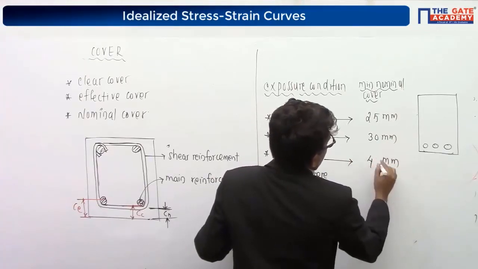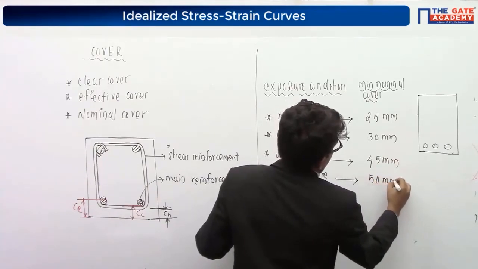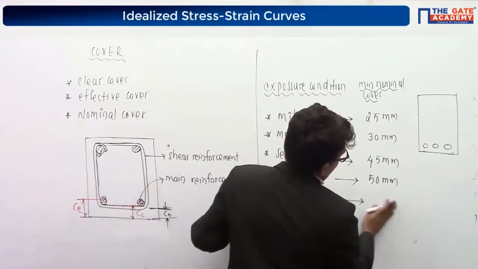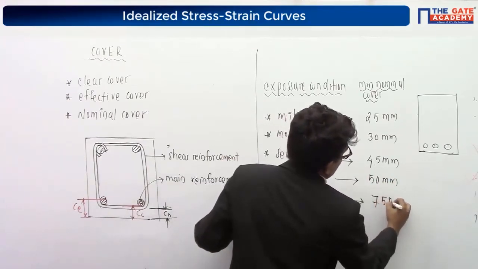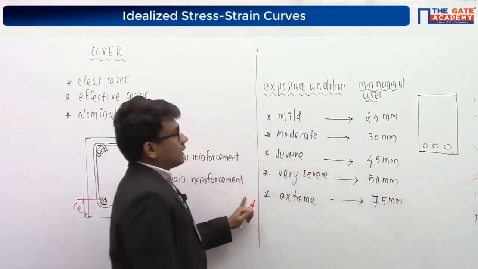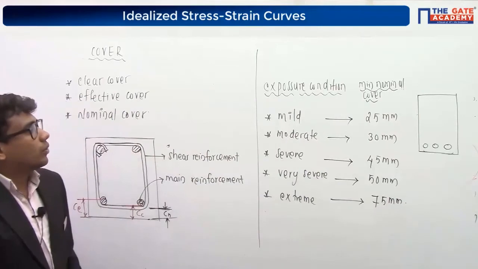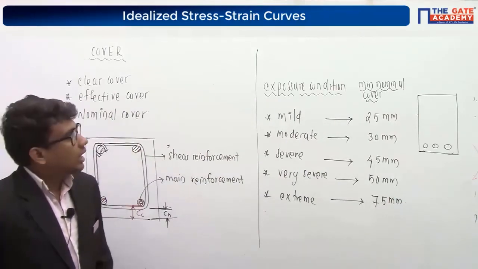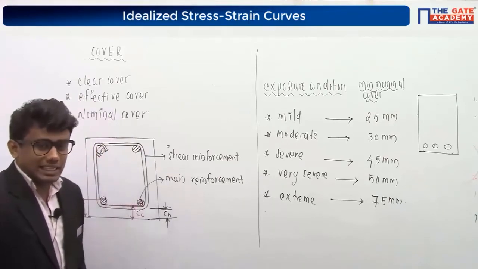It is 45 mm, I guess, and here it is 50 mm, and finally for extreme condition, we have to provide a minimum cover of 75 mm. These are the minimum nominal cover values for the different exposure conditions.